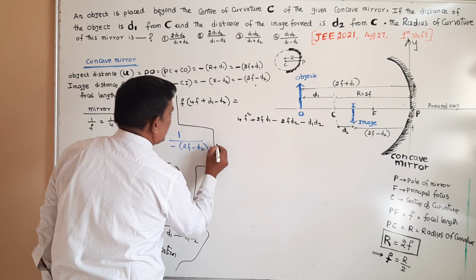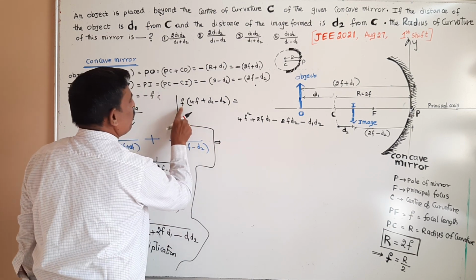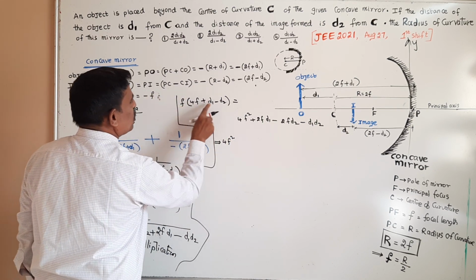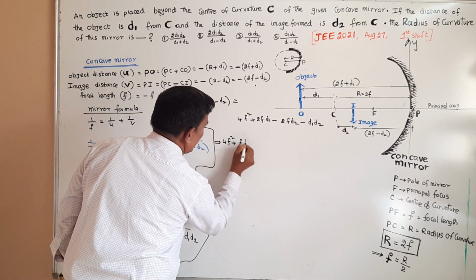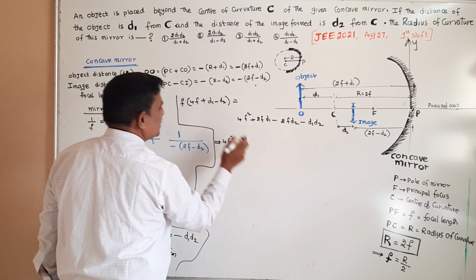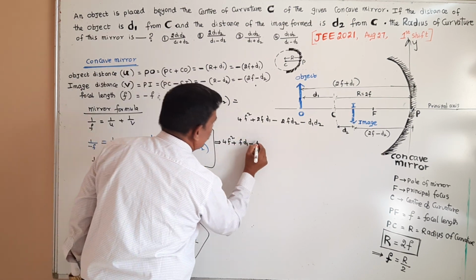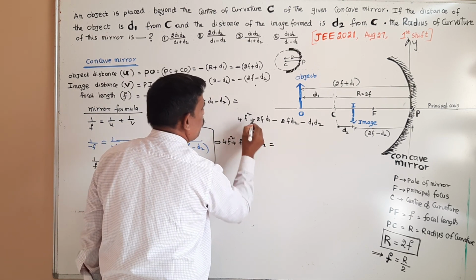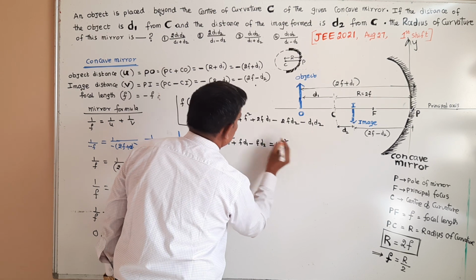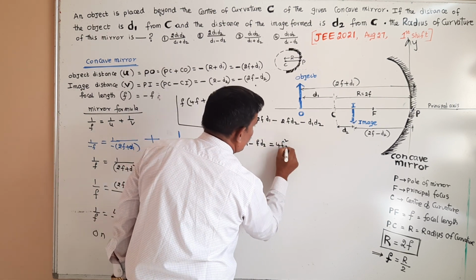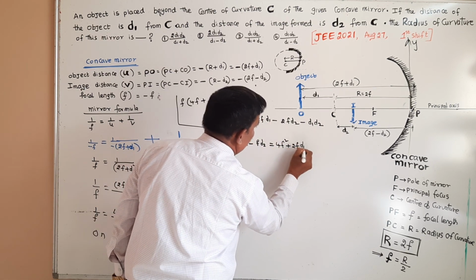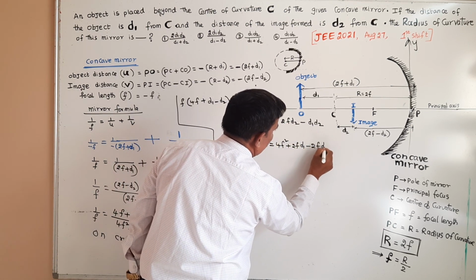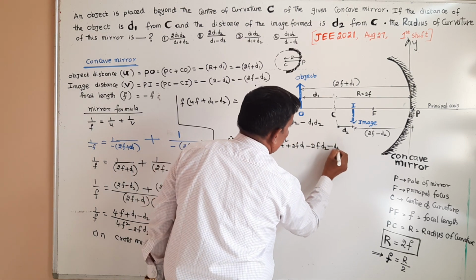Now here please listen. f into 4f is 4f square, f into d1 is f d1, f into d2 is minus f d2, equal to 4f square plus 2f d1 plus 2f d1 minus 2f d2 minus 2f d2 minus d1 d2.